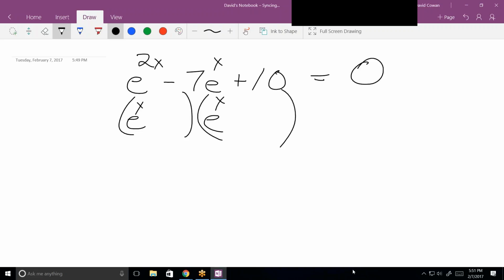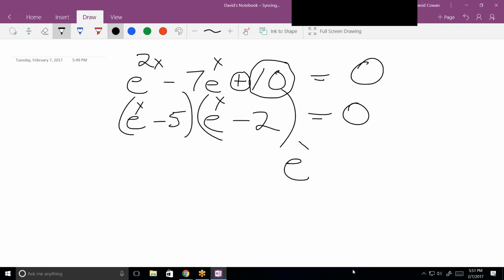But they can either be plus plus or minus minus, and you look to the middle term to get minus minus. And now factors of 10 that add to 7, that'd be 5 and 2. There's your answer. Well, not quite, which means now we have to solve these two.